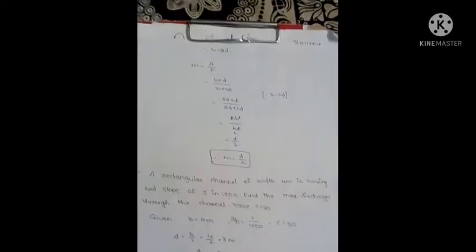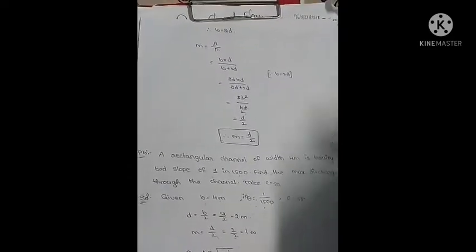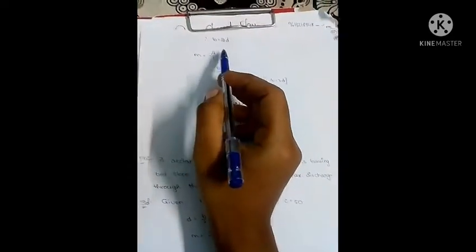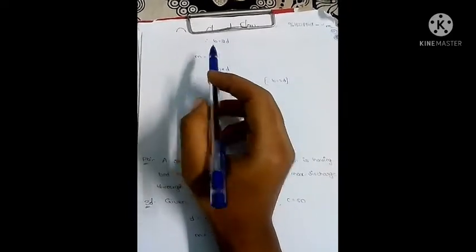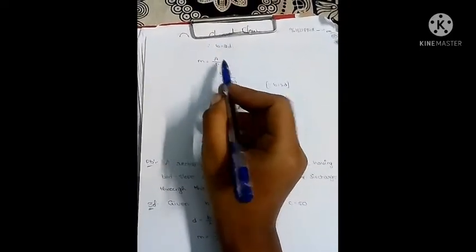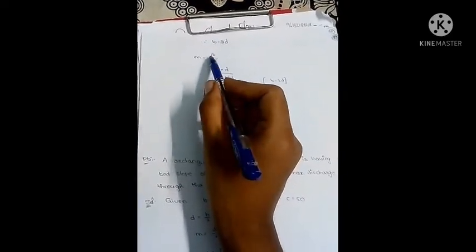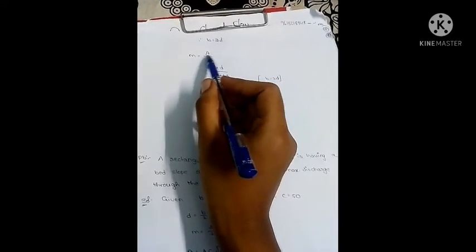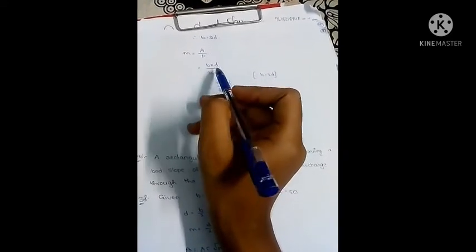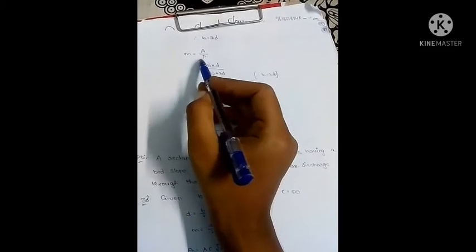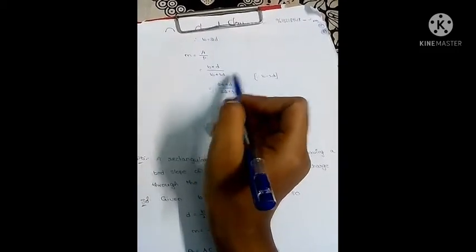Next we have to find the hydraulic mean depth, indicated with m. The formula for hydraulic mean depth is m is equal to A by P, area by perimeter. We know the formula for area of a rectangular section is b into d, and the perimeter is b plus 2d.